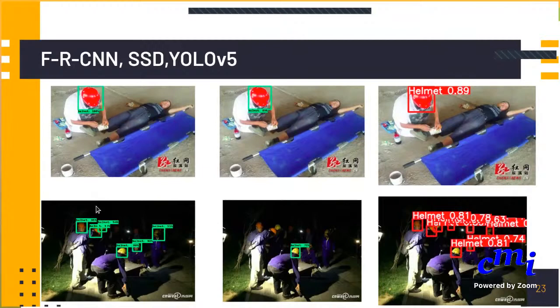Faster RCNN, okay. But at the same time, these kind of helmets which are very far away, very small, and with not much contrast present in them, it's not able to detect them, while YOLO V5 does quite a decent job. As you can see, the probability falls very quickly as it goes back.